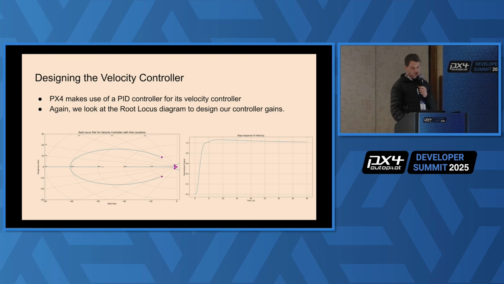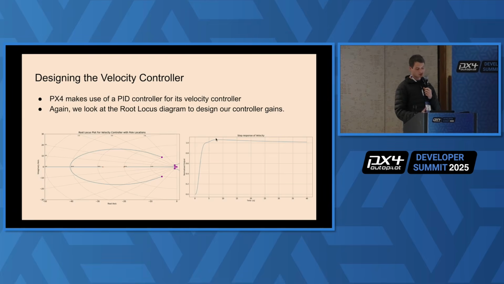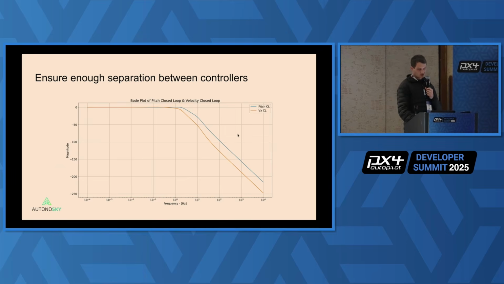But here I've used the root locus method, where you select these PID gains based on your root locus and then find the corresponding closed loop response for that system. And then again making sure that there's enough separation between these controllers.